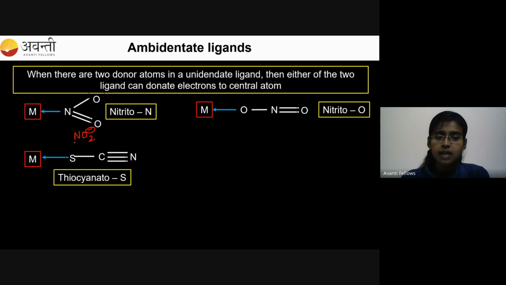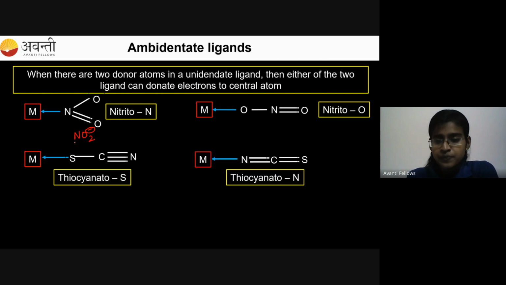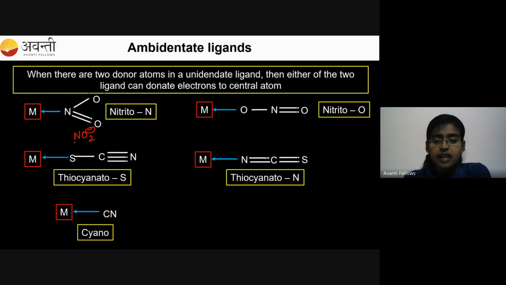The second example is SCN, thiocyanato, where in the first case, sulfur is donating the electrons, so thiocyanato S. In the second case, it is thiocyanato N, because nitrogen is donating. The third example is cyano, where the donation is done by carbon. In the second case, the donation is done by nitrogen, so it is isocyano.